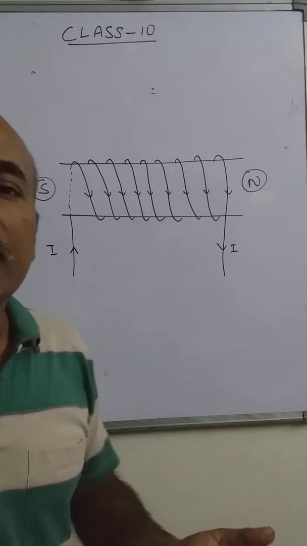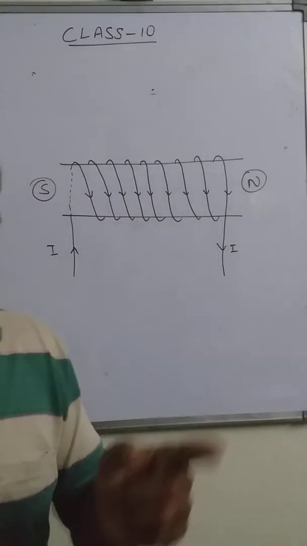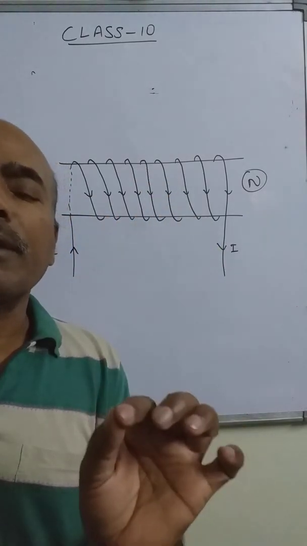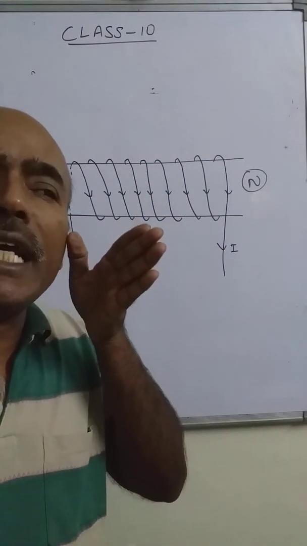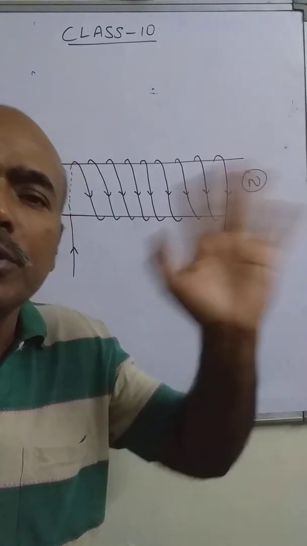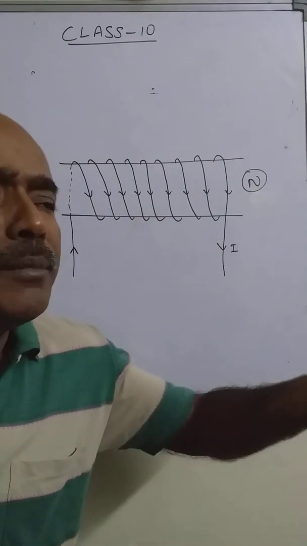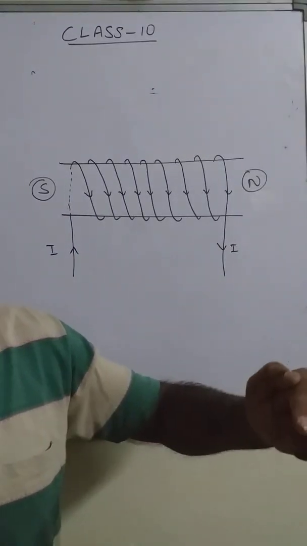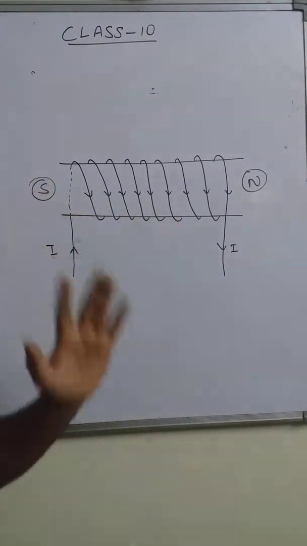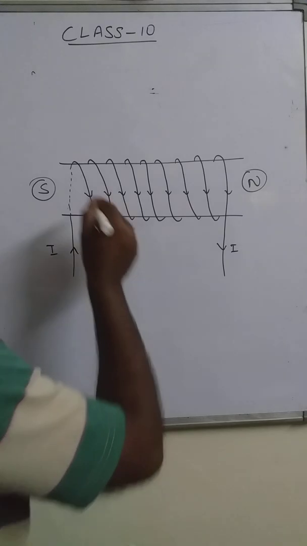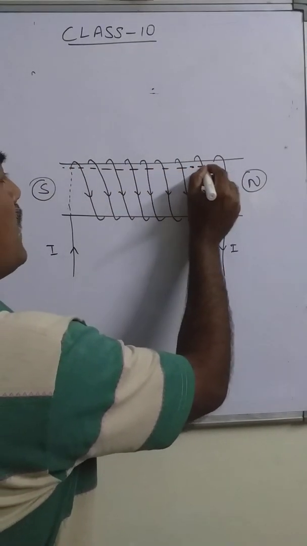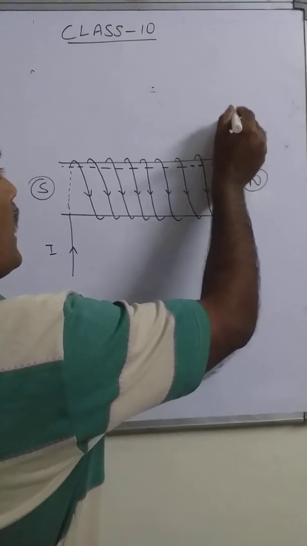And we know the magnetic field pattern of a bar magnet: inside the bar magnet, magnetic field lines pass from south pole to north pole, and outside, the field lines leave the north pole and enter the south pole. So the field lines will be like this. Let me draw the lines. Dotted lines are drawn.